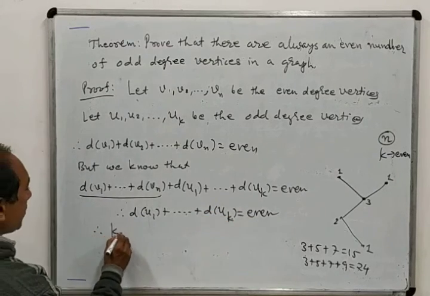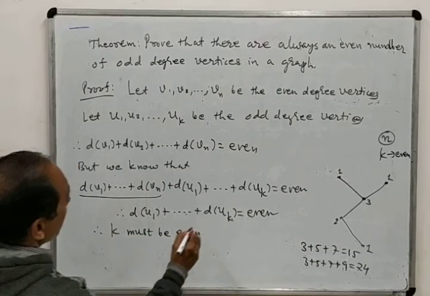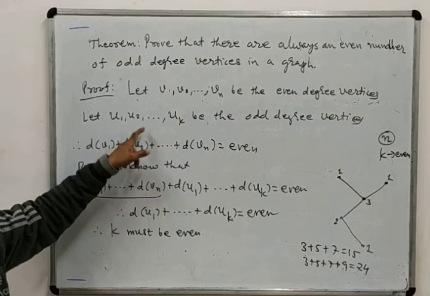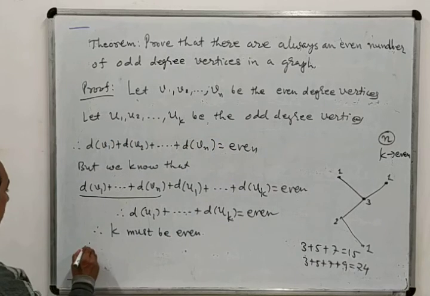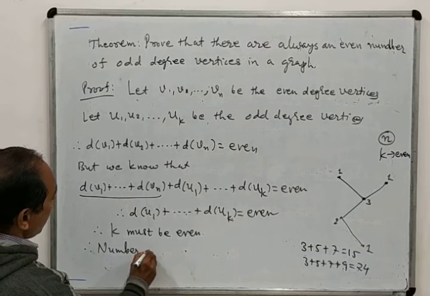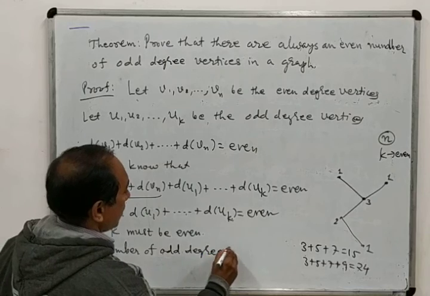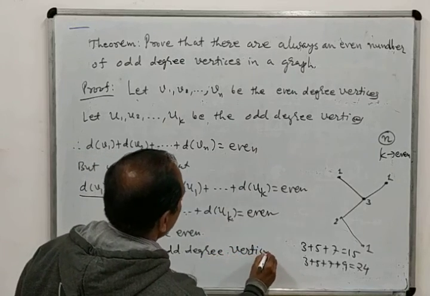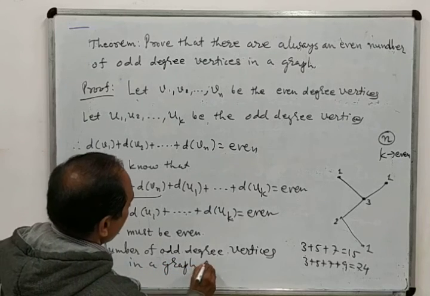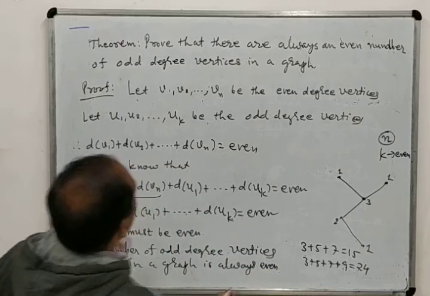Therefore we say that k must be even. k must be even. That means the total number of these vertices is even, and these are what? Odd degree vertices. Therefore the number of odd degree vertices in a graph is always even, and this is the proof of the theorem.